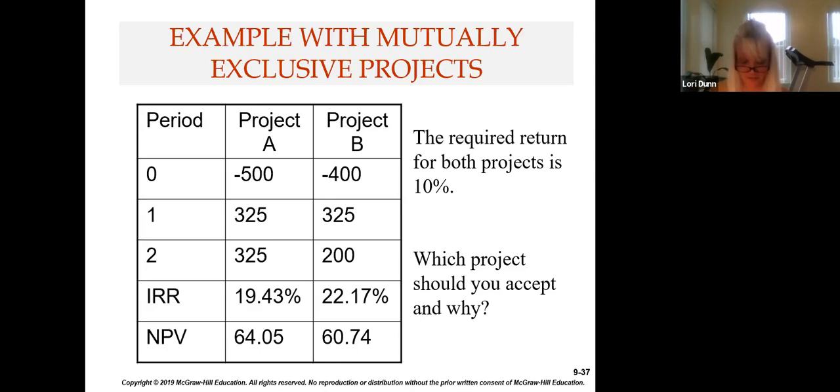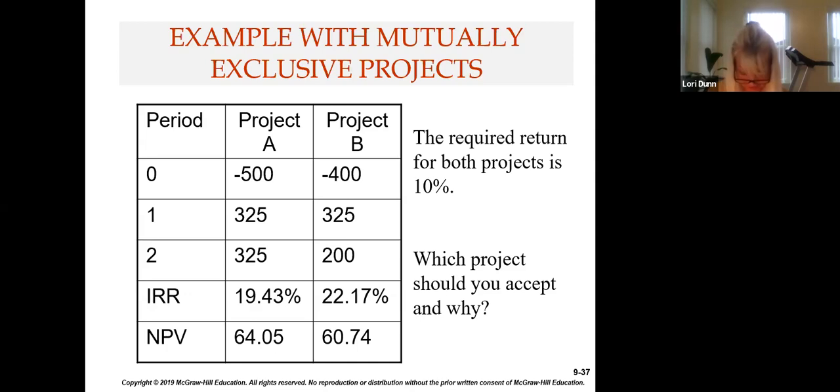Let's calculate the net present value. For project A, I'll go into my net present value calculation. I'm requiring a 10% return, so I'm going to put 10%, then -500. Then I'll start my bracket to put in my two positive cash flows. Oh, hold on, I got my comma wrong.